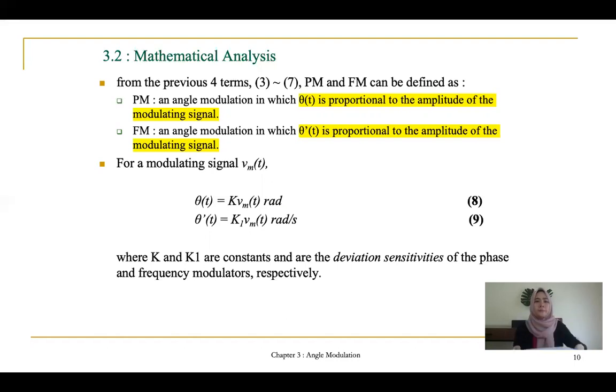For a modulating signal v m t, theta t can be defined as k v m t, and theta dash t equals k1 v m t, where k and k1 are constants and are the deviation sensitivities of the phase and frequency modulators.